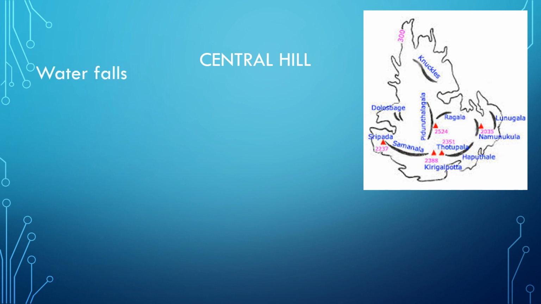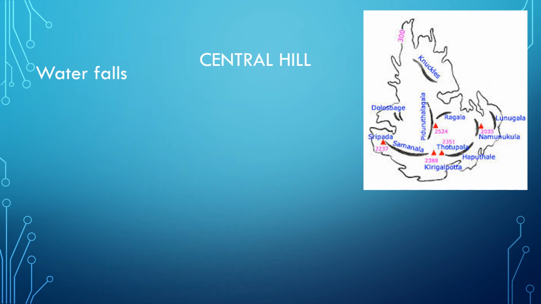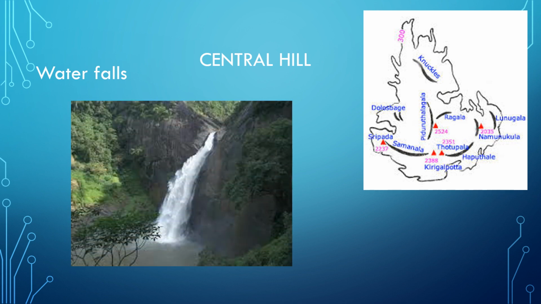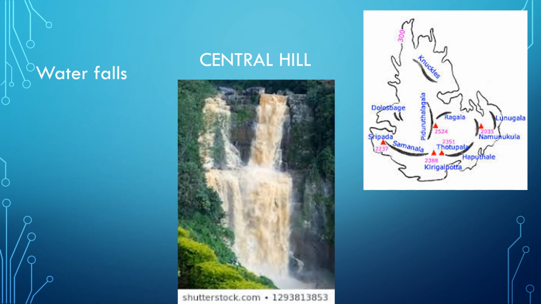Fourth one is waterfalls. Do you know what is the meaning of waterfalls? A waterfall is a river falling down from an escarpment. Examples: Devon, Dunhinda, Ramboda.